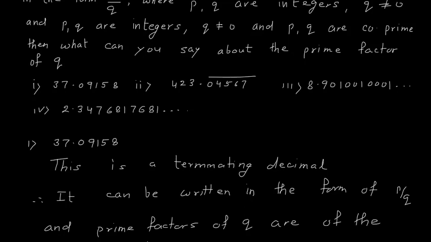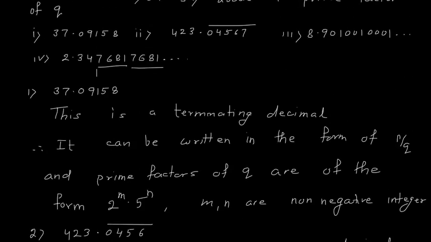So we can see that this 7681 is repeating. So the fourth problem, I will say that this is non-terminating repeating decimal, therefore it can be expressed in the form of P upon Q, and the prime factors of Q are of the form of 2 power m into 5 power n.